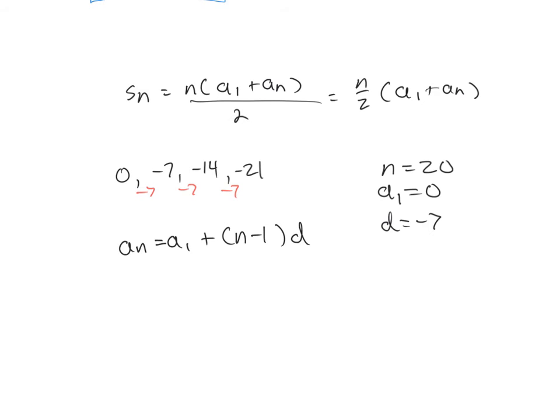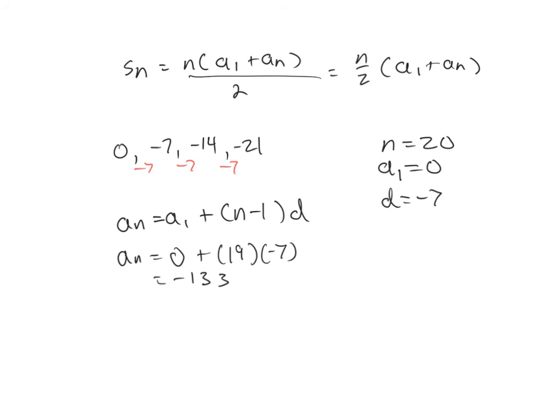So a sub n equals 0 plus 20 minus 1, that's 19, times -7. Plugging that into our calculator, 19 times -7 is negative 133.